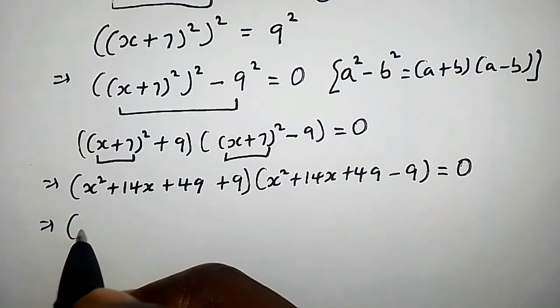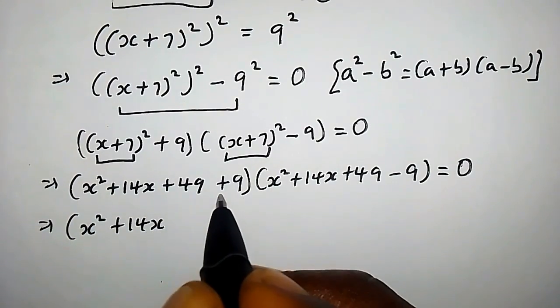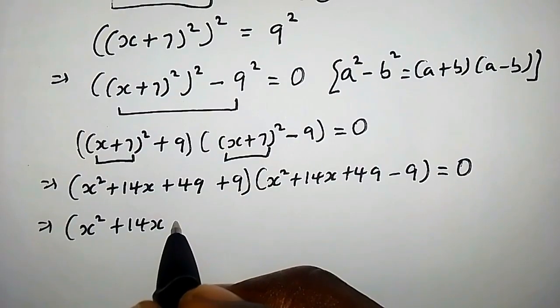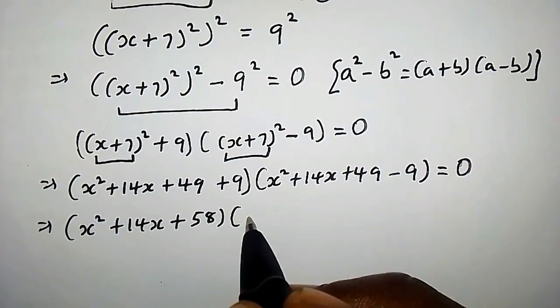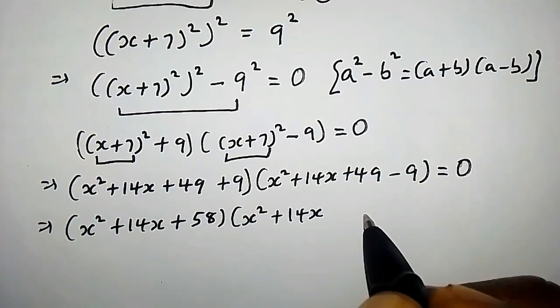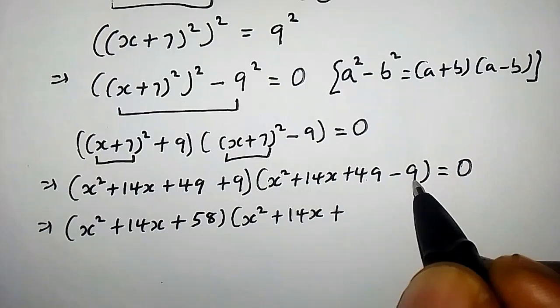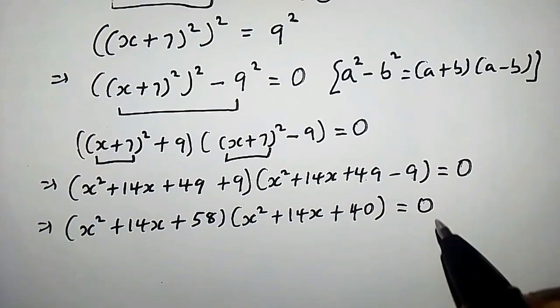This means that (x² + 14x + 49 + 9, that is x² + 14x + 58) times (x² + 14x + 49 - 9, that is x² + 14x + 40) equal to 0.